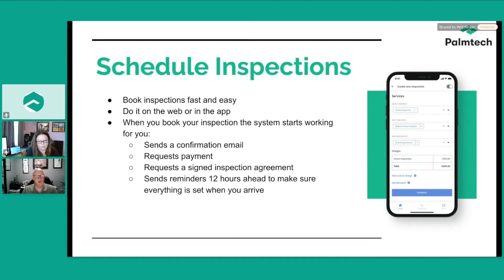And if 12 hours before your inspection everything isn't done, it sends them another reminder to say, hey, you still need to make your payment, or you need to sign your agreement. These are all the things that you've said you wanted to have and wanted to make the system do for you, so you didn't have to spend time thinking about it.